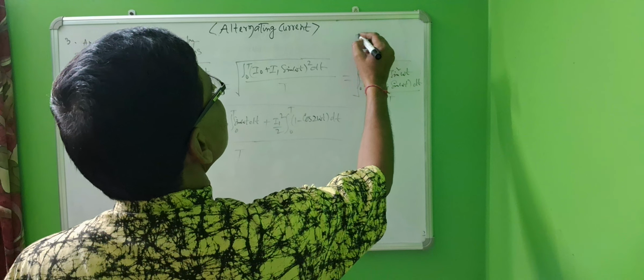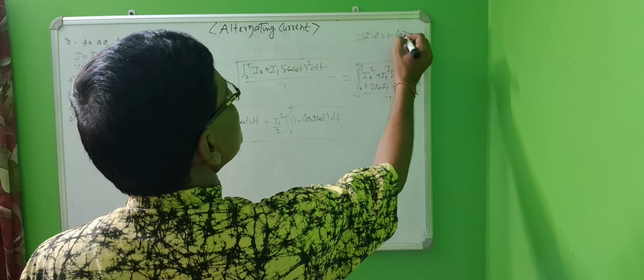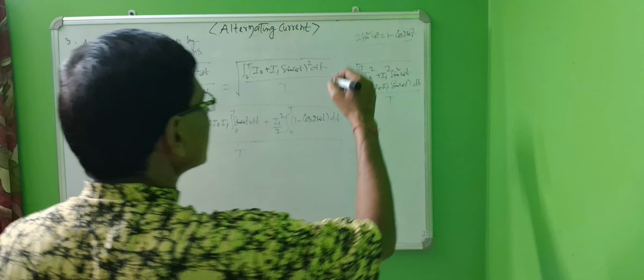We know 2 sine square omega t equals 1 minus cos 2 omega t by trigonometrical relation.